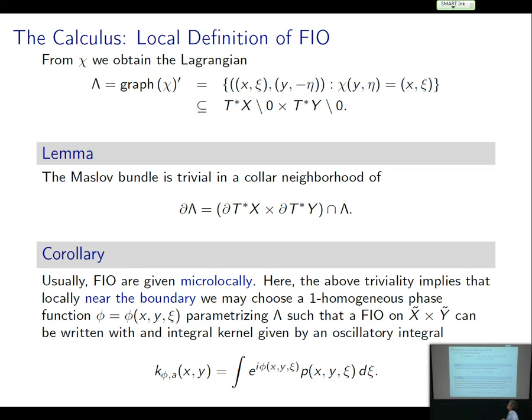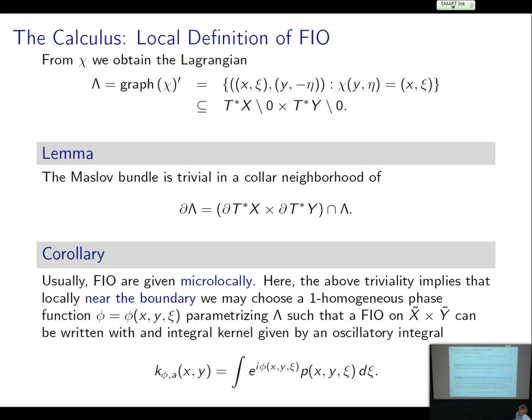A Fourier integral operator acts between two manifolds, right? Locally, you have a Lagrangian in the cotangent bundle, and if you take the parameterization, that should give you a local symplectomorphic thing. It's not a symplectomorphism because you don't have the full manifold, but it preserves the symplectic structure.